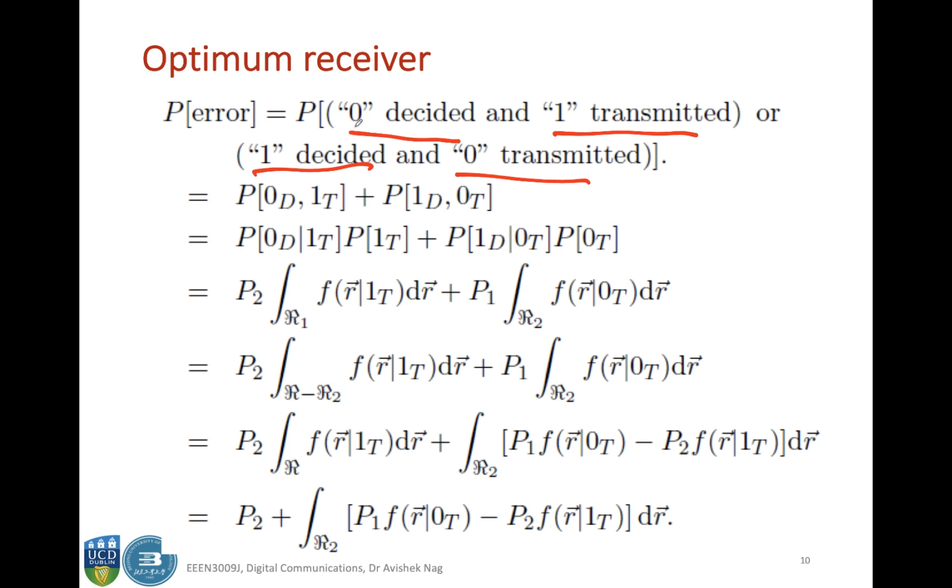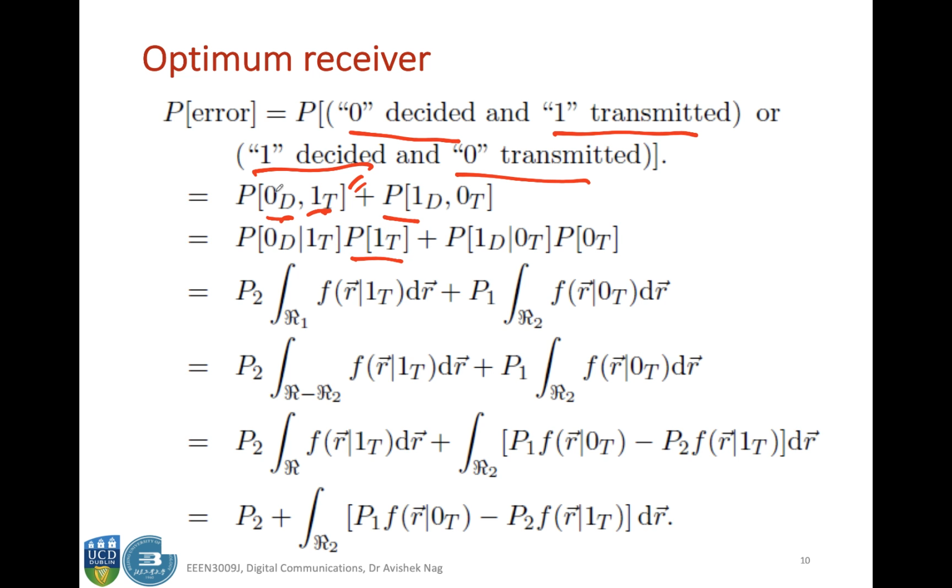Let's say 0 decided, we term this 0D. So this means probability of 0D and 1T, where 1T means 1 was transmitted, plus probability of 1D and 0T. If you break these two terms into the conditional probabilities and the probabilities of transmission of ones and zeros, then you can have this term.